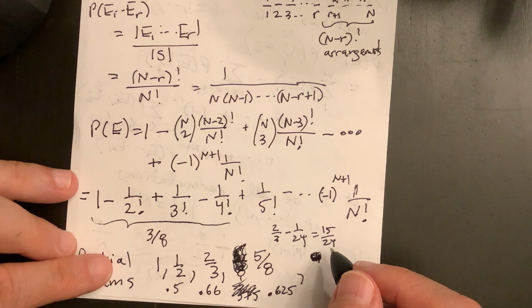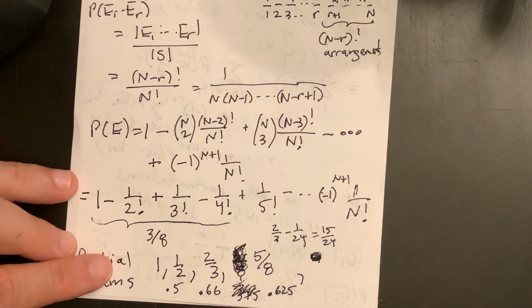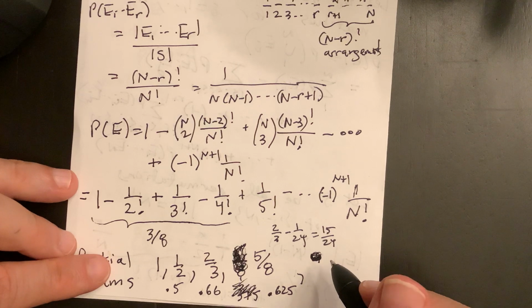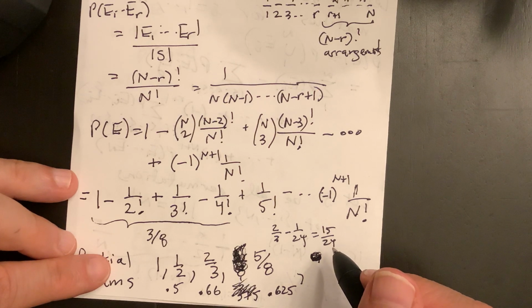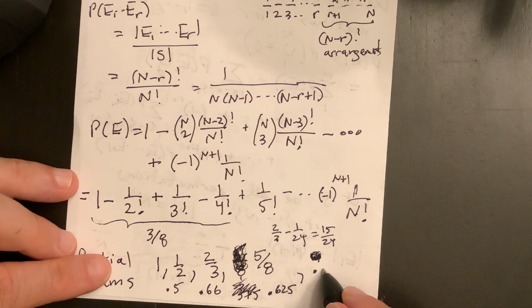Let's divide by 4. I get 19 over 30, right? No, that doesn't make sense. I'm taking too long. Okay, it doesn't matter.